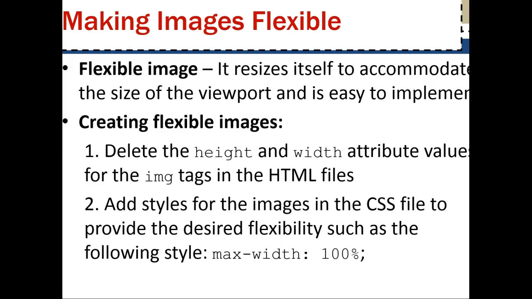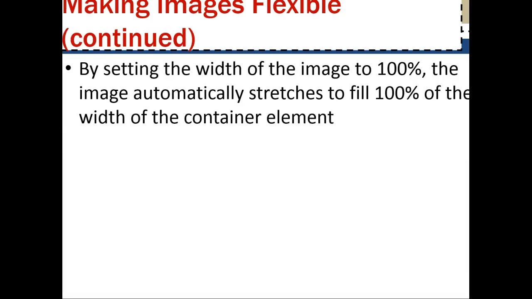You probably don't want the image to stretch beyond its actual size, because that can degrade the quality of the image, even if the web page is viewed on a very large screen.